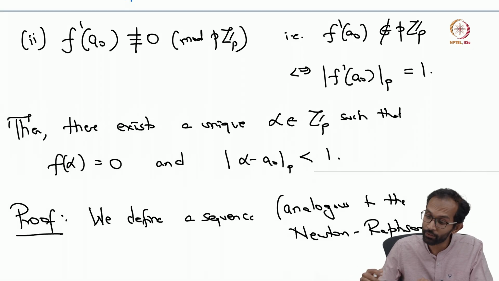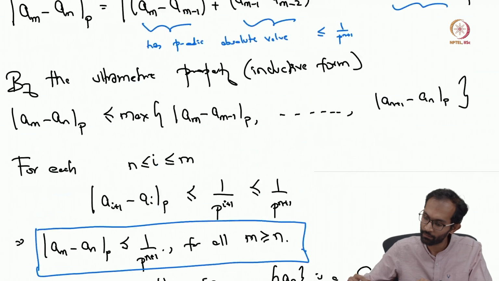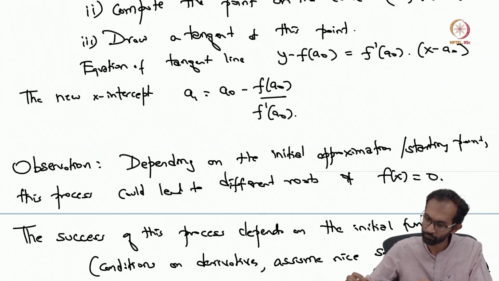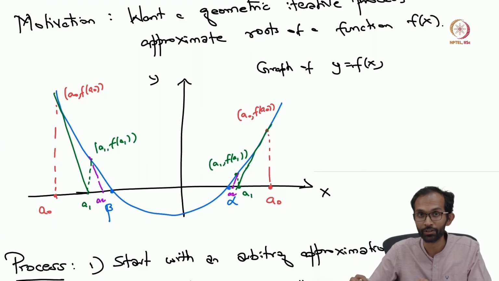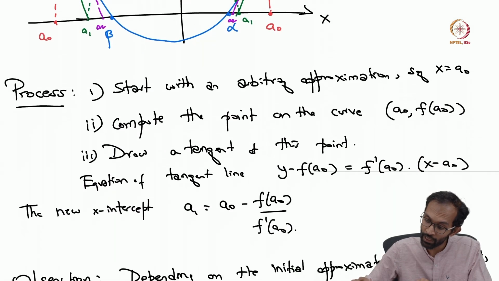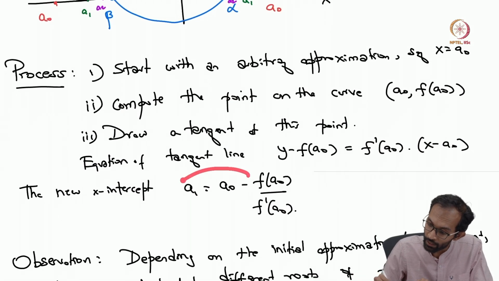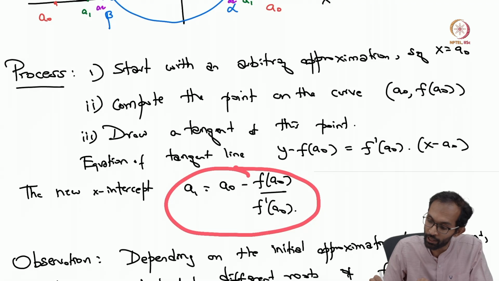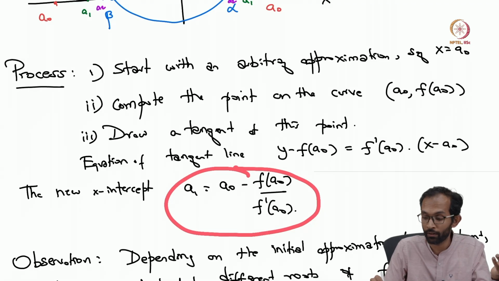So if you go to the Newton-Raphson method, we had this geometric picture, but then we also had this algebraic formula. If you give me an approximation a naught, I could construct a1. If you give me a1, I can construct a2. If you give me a2, I can construct a3. So you have this purely algebraic description of this geometric process. So this is what we'll use.